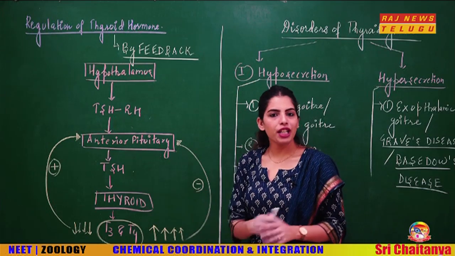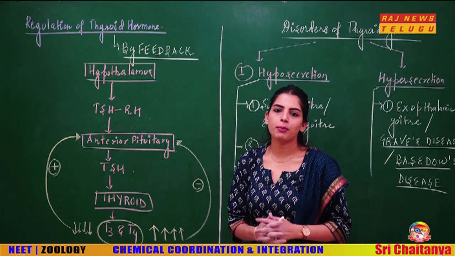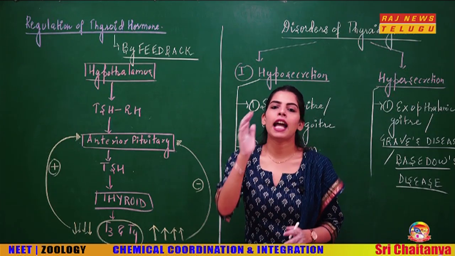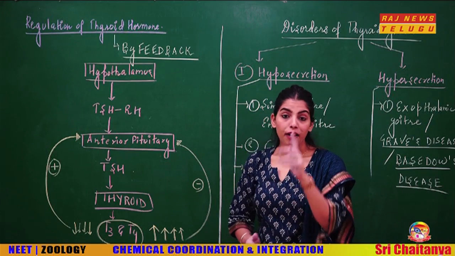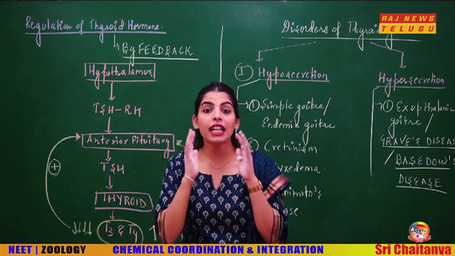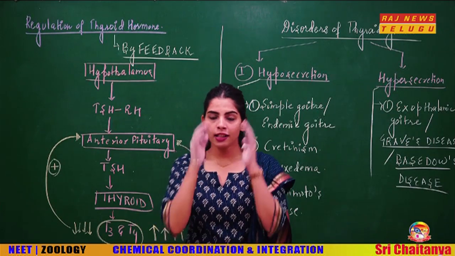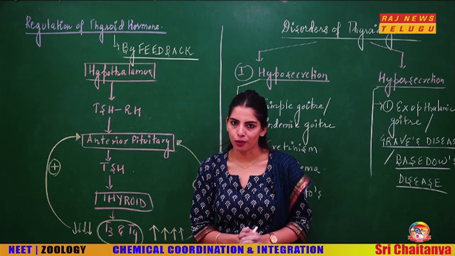This thyroid stimulating hormone acts upon the thyroid gland, and it is responsible for production of T3 and T4. That's quite easy. We have done it, right? I've written on top that the thyroid regulation takes place by a feedback mechanism. There is a feedback mechanism for the regulation of the thyroid hormone.